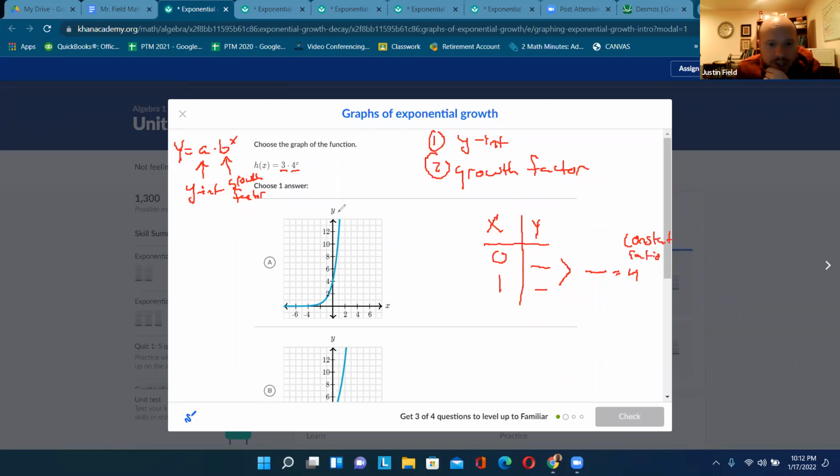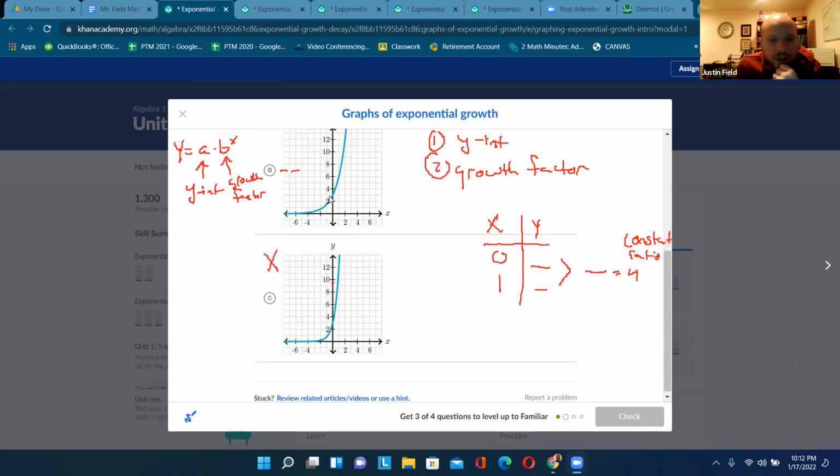So let's see. First of all, this is a y-intercept of 4, so it's not going to work. The y-intercept is 3 here. There's also 3 here. So which one of these will work?